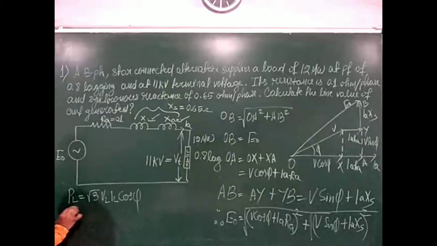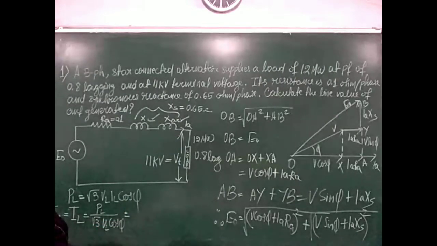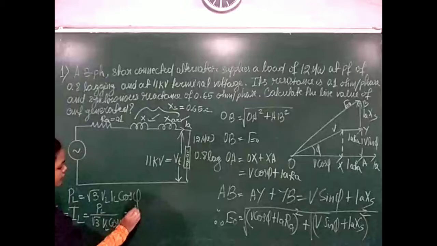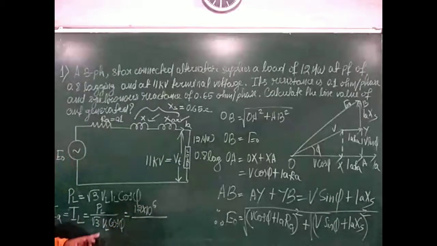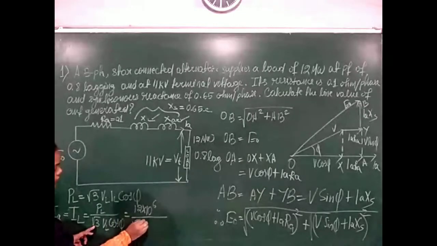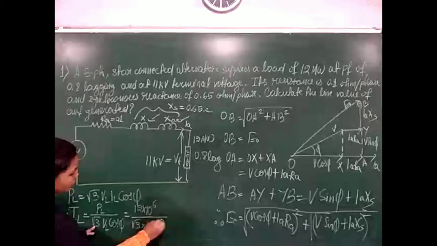Full load current IL is equal to IA, which is PL divided by √3 VL cos phi. You put the value. PL is given as 12 megawatt, so 12 into 10 to the power 6 watt, divided by √3 into VL, which is given as 11 kV, that is 11 into 10 to the power 3 volt.